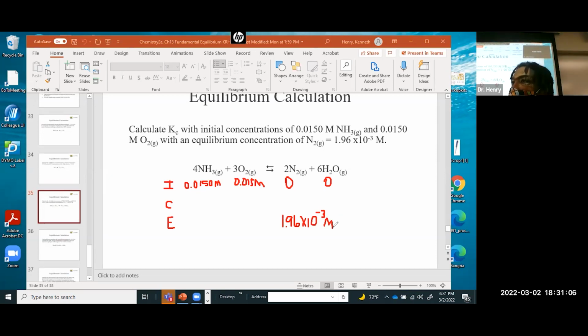So what are we going to need to do to calculate our Kc? So what do we know is going to happen? Okay, so how would I set that up in this case? These are going to be negative x.